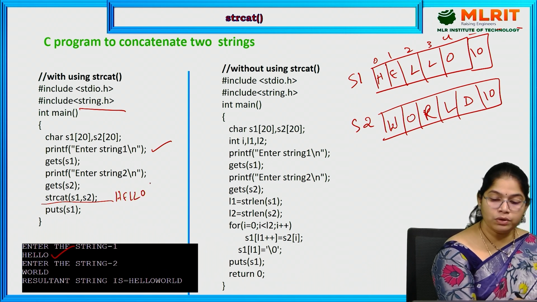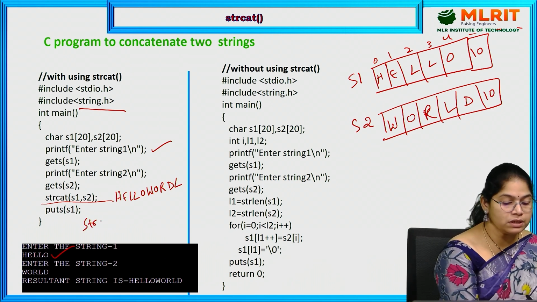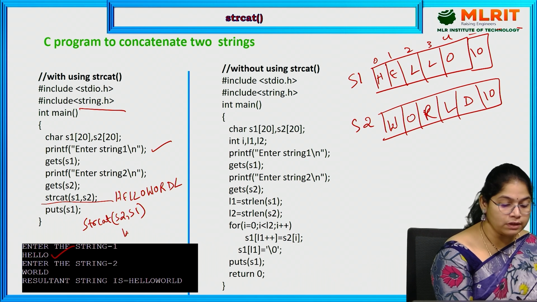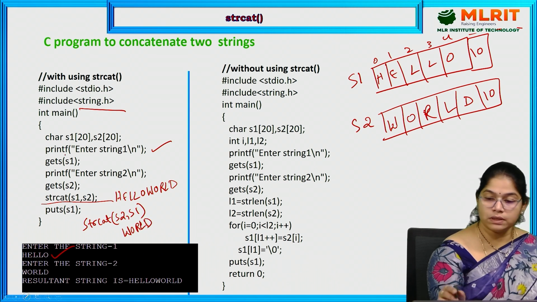Then if I am using strcat s2 comma s1, it means the s1 value is joined with s2. Here s2 is world, then s1 is hello.